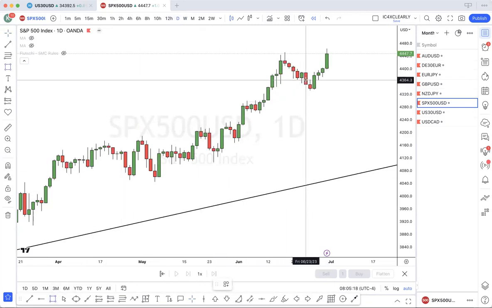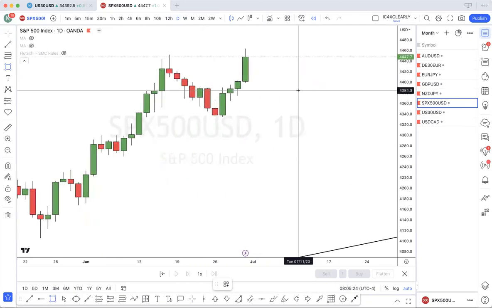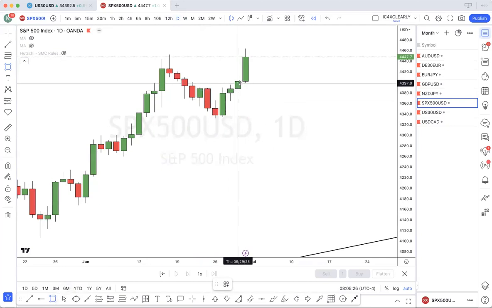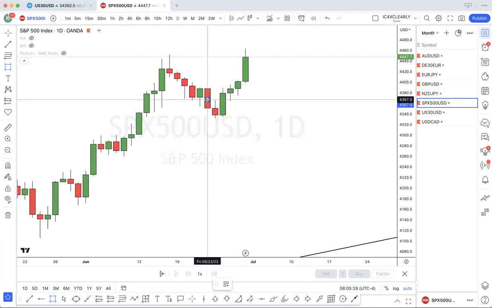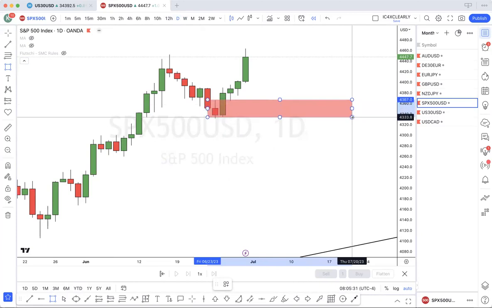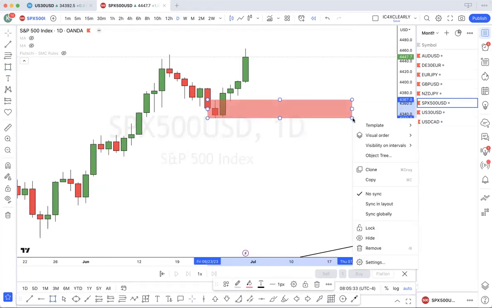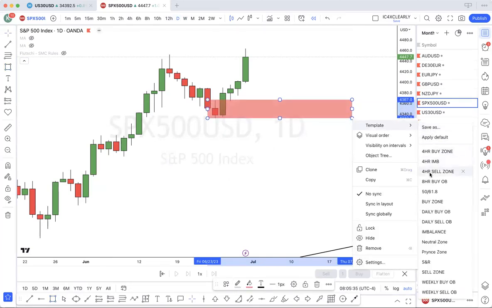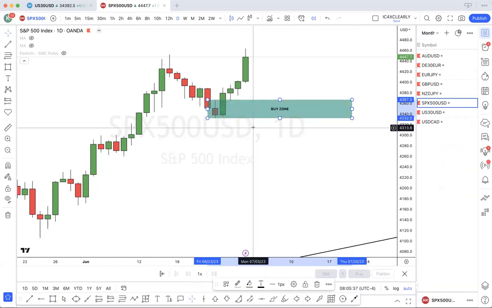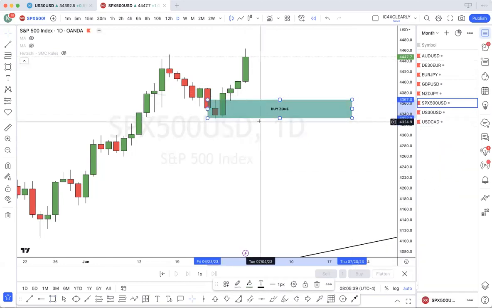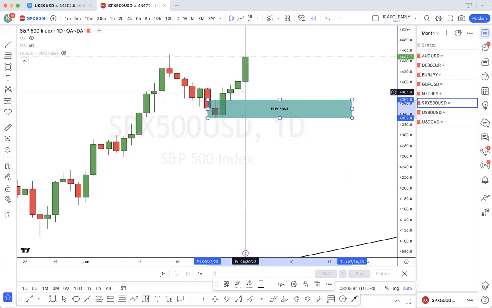So on the daily, this order block has already been tapped into, but I'm going to mark it up as a zone. Price could pull back, give a double bottom.